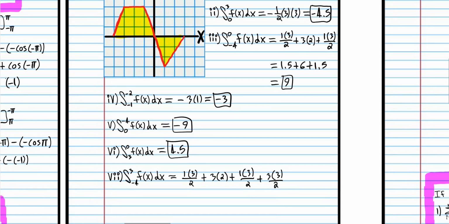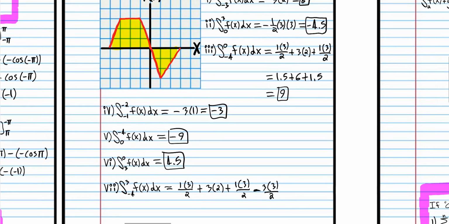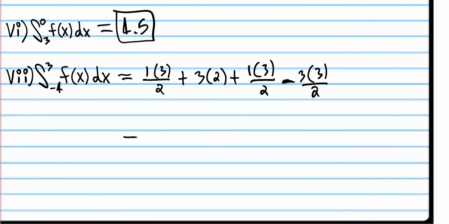And so that was that yellow area. But you see this blue sign here? That should be a negative. Again, we're integrating from left to right, so area under the x-axis should be negative. So now we just have to simplify this expression.